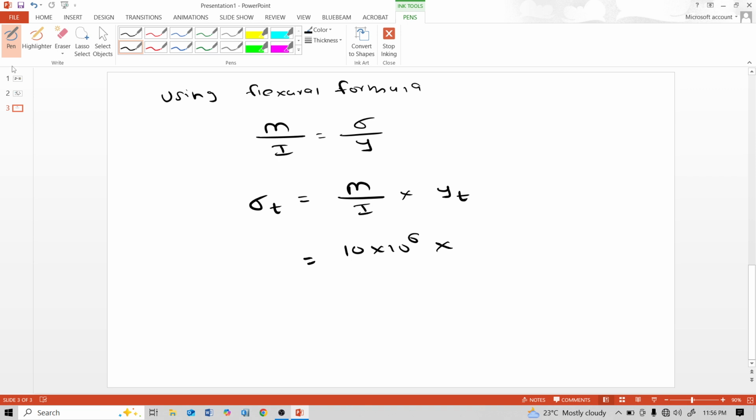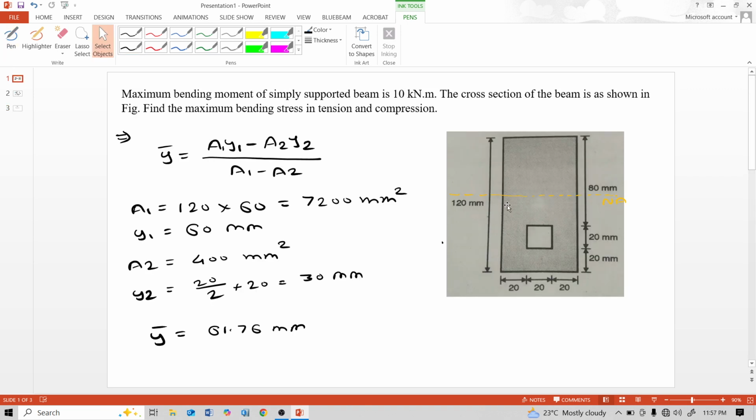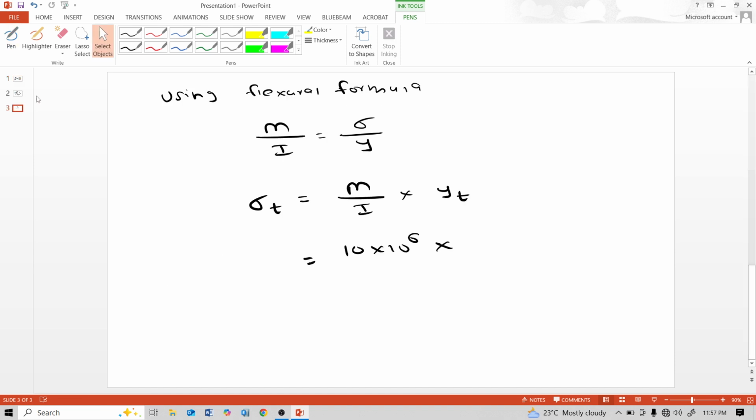And yt is the distance from neutral axis to the extreme tensile fiber. This is 61.76, the distance from neutral axis to extreme tensile fiber. That means y bar is 61.76.